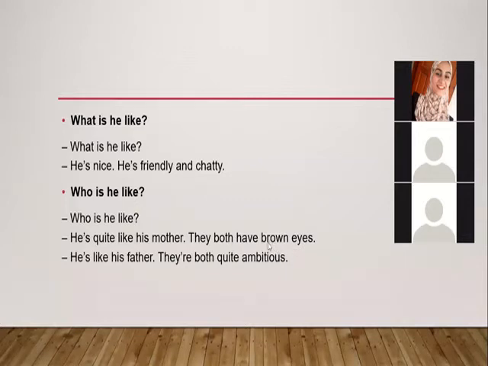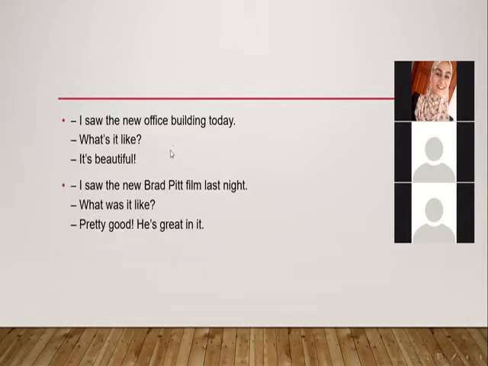So here we describe the mother and he: the similarity between them is that they have brown eyes, and the second one is about personality, where we said they both are ambitious. So is it clear, guys? You just need to focus on the question itself so that you wouldn't feel confused.